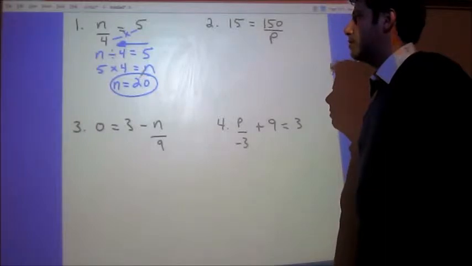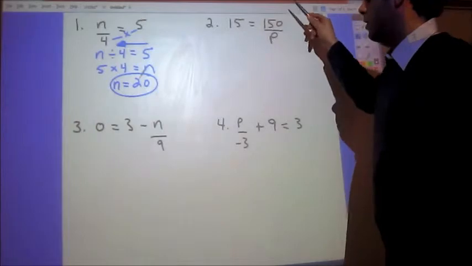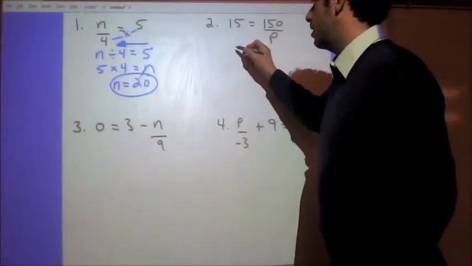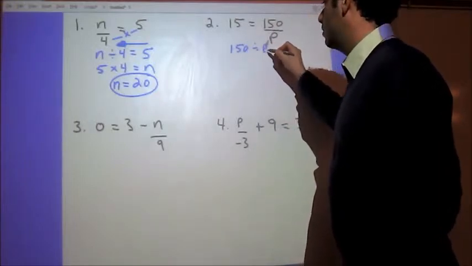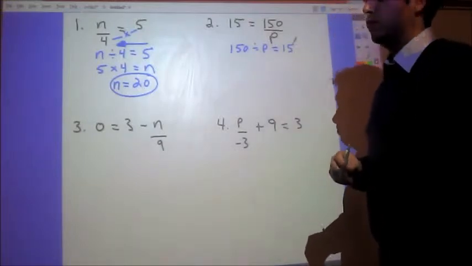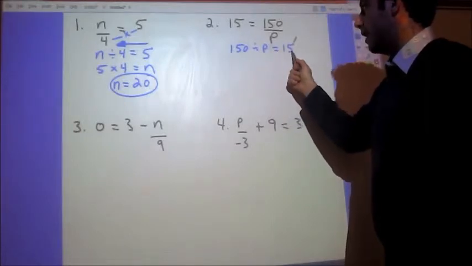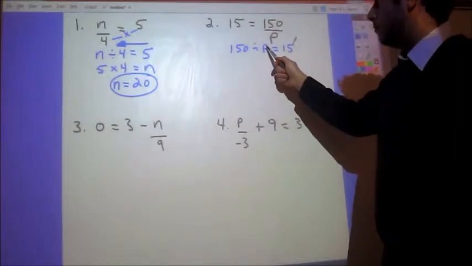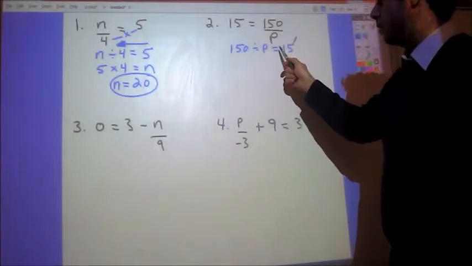15 is equal to 150 divided by p. Well, using the same logic, if we are going to divide the number 150 by p, and we can get 15, how can we rearrange this equation so that the answer is p? Well, with any division statement, you can actually swap these two values for one another.